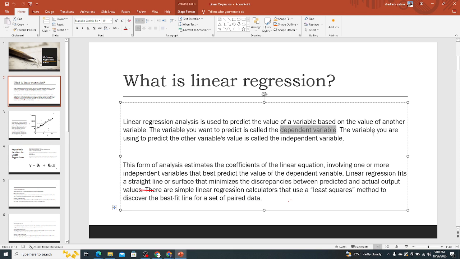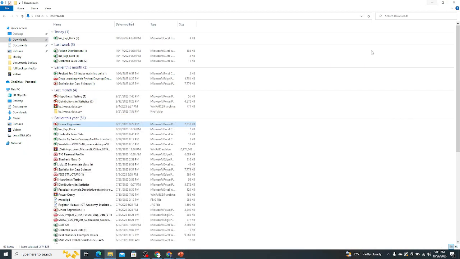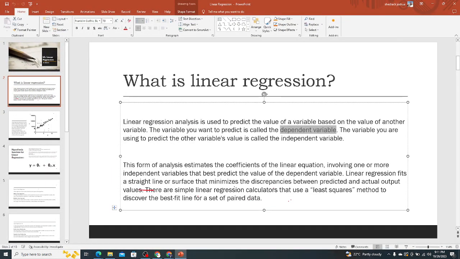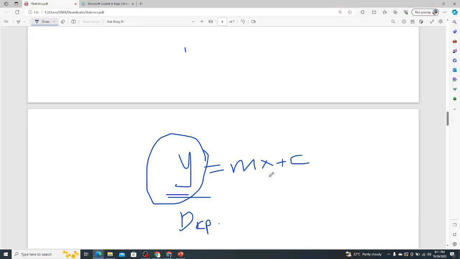The variable you are using to predict the other variable is called the independent variable. So this is our x, because we are using the input x to get y.